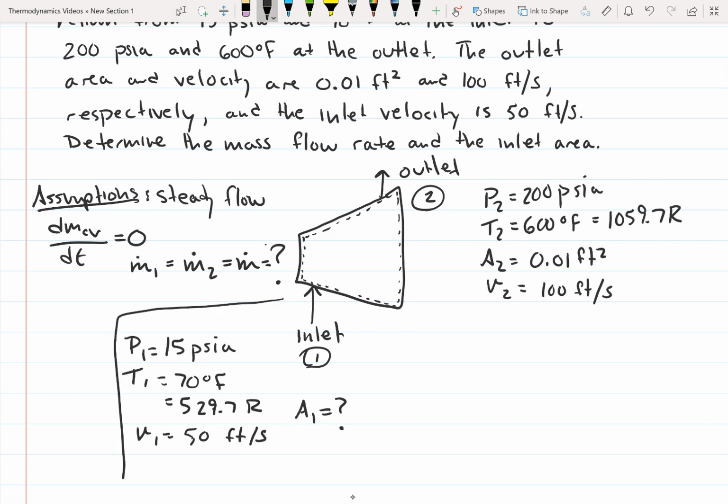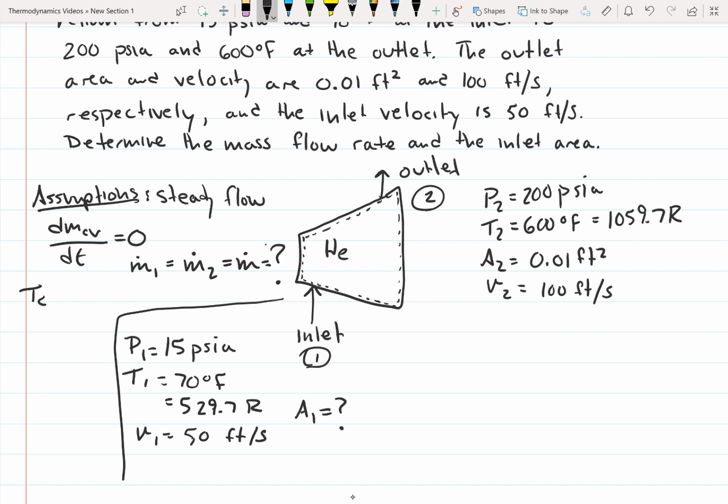Okay, so now let's also consider another. We have helium, and I'm going to specify that this is helium. It's flowing into a compressor, being compressed, flowing out, and we don't know if this is an ideal gas or not. So I'm going to get some information.